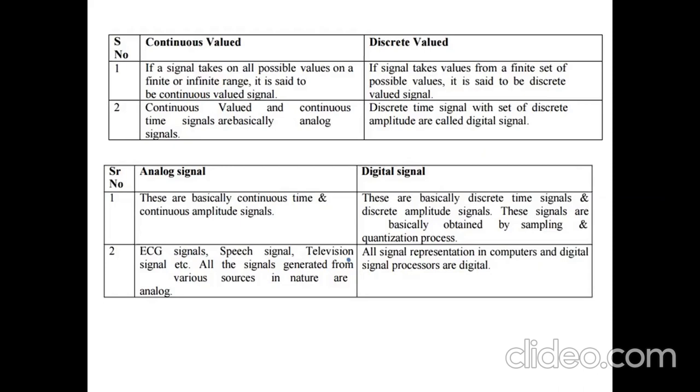If a signal takes values from a finite set of possible values, it is said to be a discrete valued signal. Continuous valued and continuous time signals are basically analog signals, and discrete time signals with a set of discrete amplitudes are called digital signals.